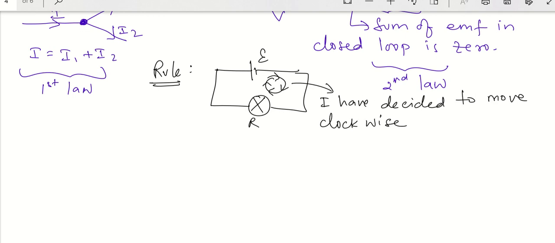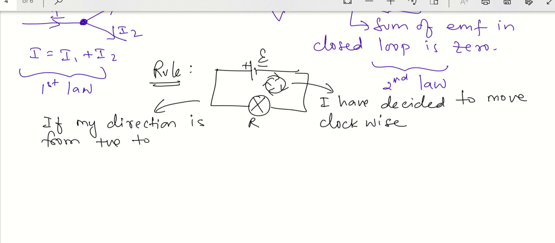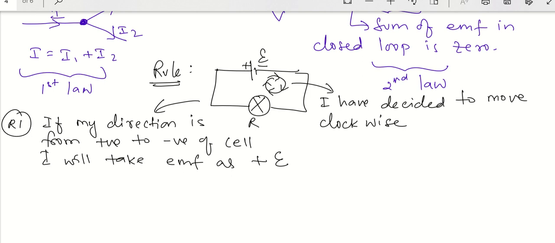Now, please note here, if my direction is from positive to negative of the cell, I will take EMF as plus E. So this is rule number one I have set.